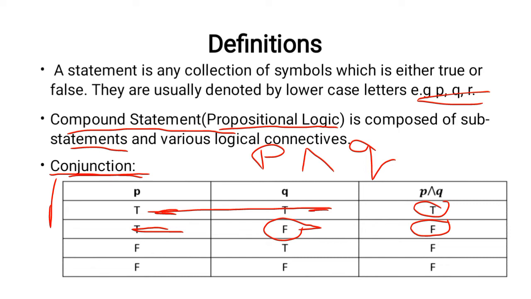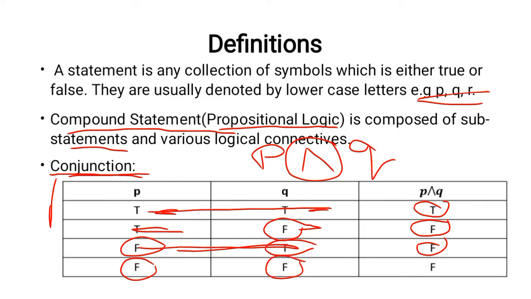If P is false and Q is true, because one of them is false, it will always be false when you connect P and Q under conjunction. And if both statements are false, your final result will always be false.